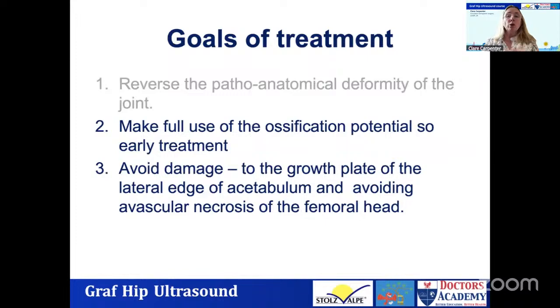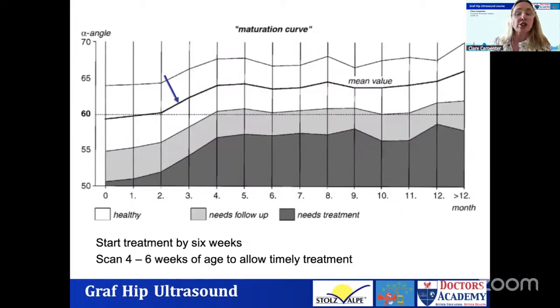And we want to make full use of the ossification potential, and we've already seen this maturation curve of Graf. And again, the point at which this curve is steepest is the point at which the biological potential of that growing hip is at its greatest. And you can see that between 8 and 12 weeks, it starts to probably take off around about 6 weeks.